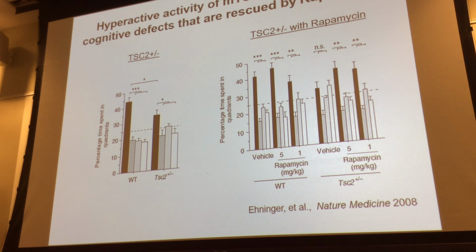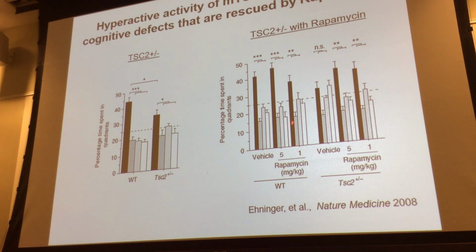You can imagine that a regular smart wild-type mouse is going to spend a lot of time in the so-called target quadrant, which is where the hidden platform was, this black spot. You can see that wild-type spends most of the time here, but for the TSC2 mice, their memory is impaired, so it's actually down. Well, not exactly down to the levels of the others, they still remember something, but obviously not as good as wild-type.